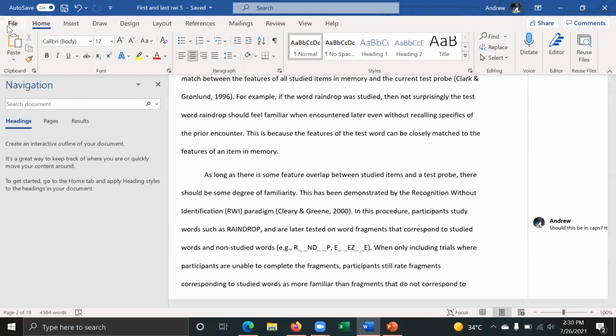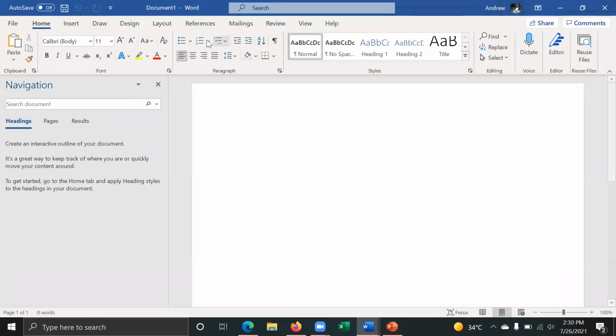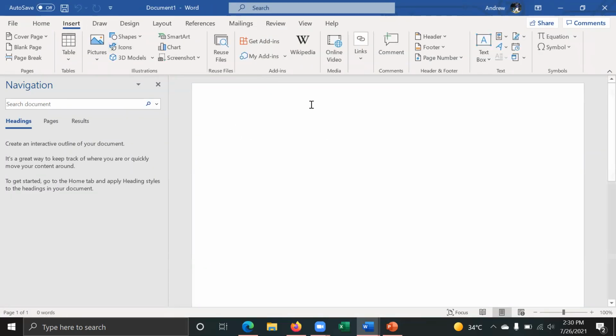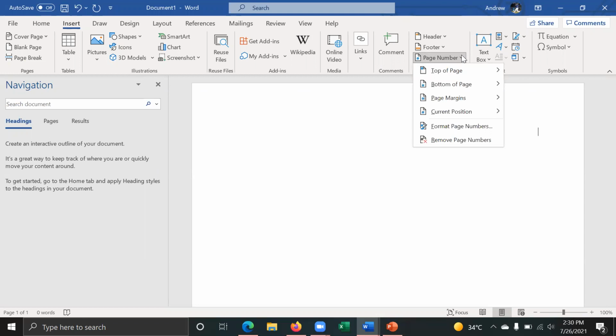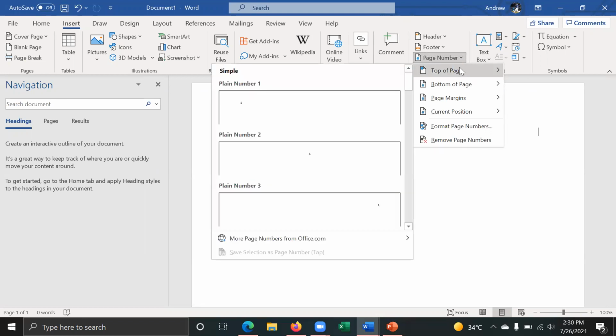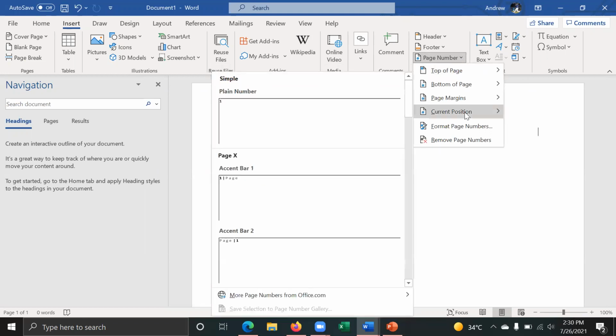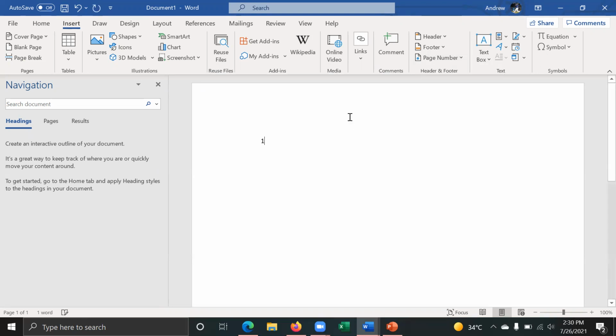I guess I might as well show you how to do a page number. It's pretty straightforward. If you just go to insert, hit tab a few times over on the right, and then just go page number, go to current position. There we go.